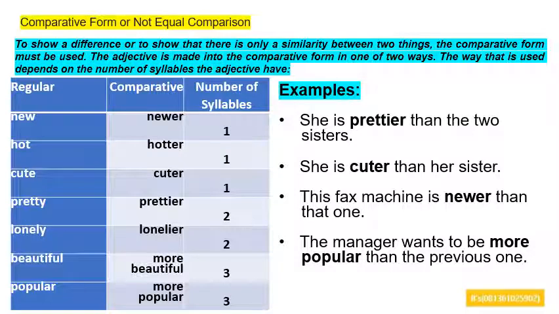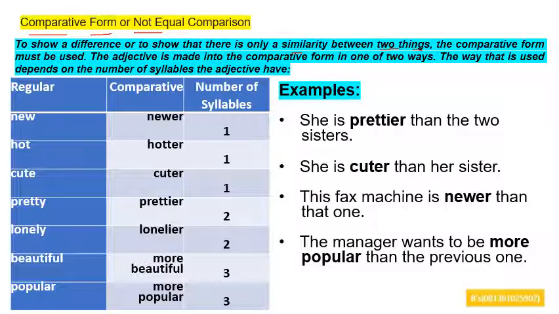One way of describing a person or thing or object is by saying that they have more of a particular quality than another object or someone else. In this situation, the comparative form is used to show they are not equal, to show a difference, or to show that there is only one similarity between two things.